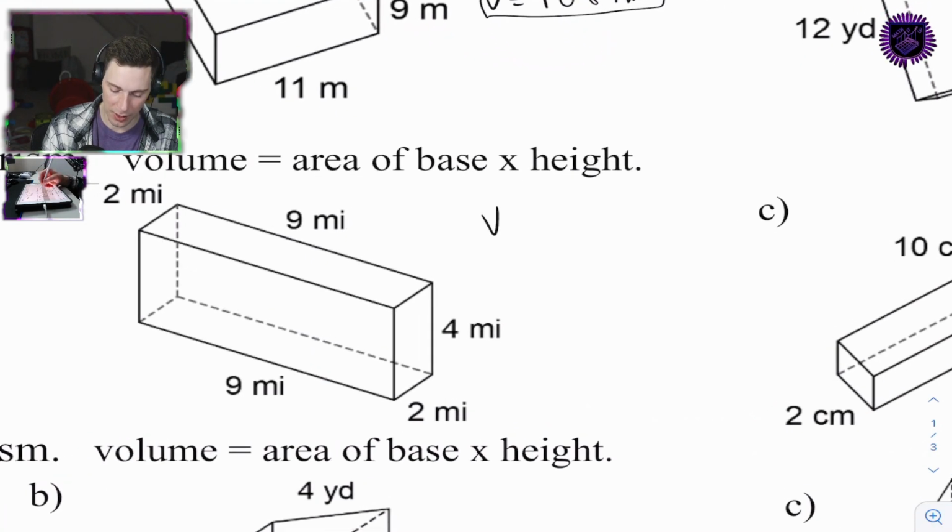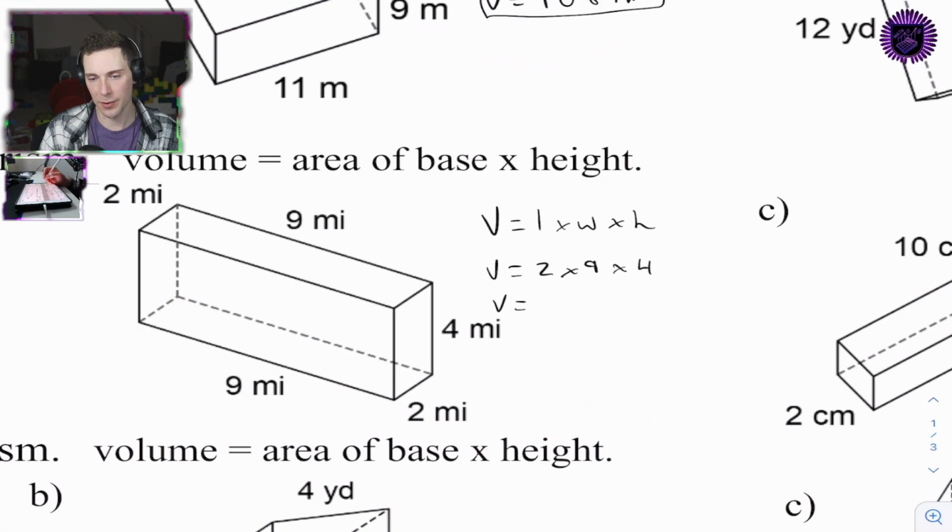The volume of this shape will be equal to length times width times height. And that means the volume is equal to 2 times 9 times 4. So that means the volume will be equal to 18 times 4, which is 80, subtract 8.